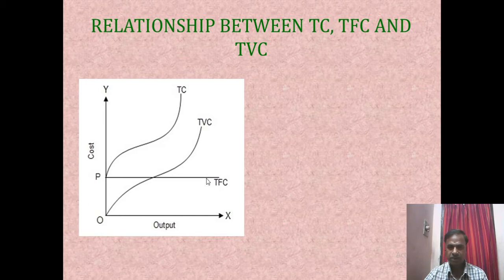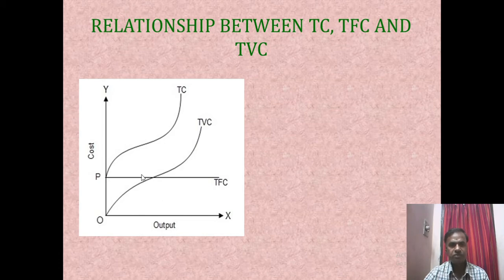Even at an increased level of output, you have to pay the same TFC. That's why it is parallel to the x-axis. The shape of TC and TVC is S-shaped.